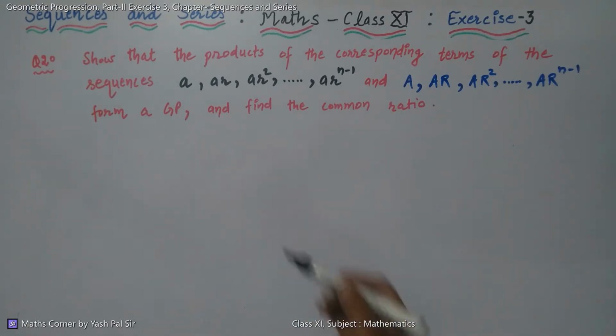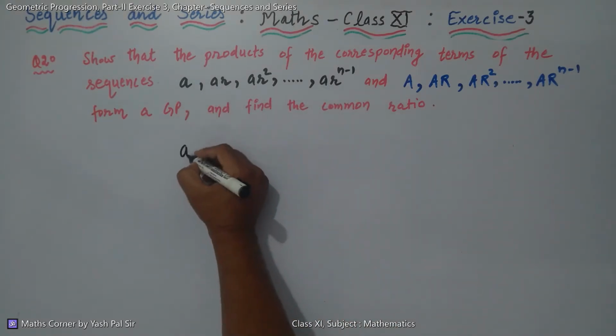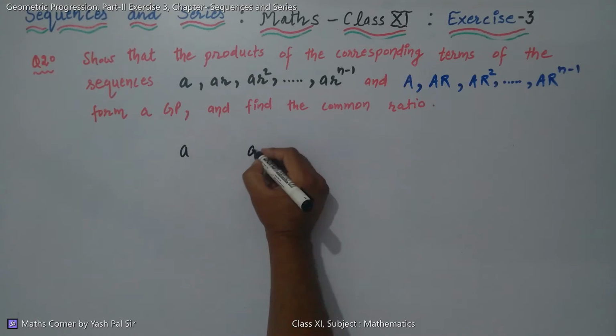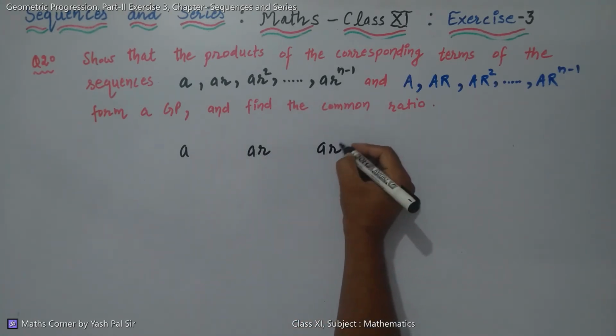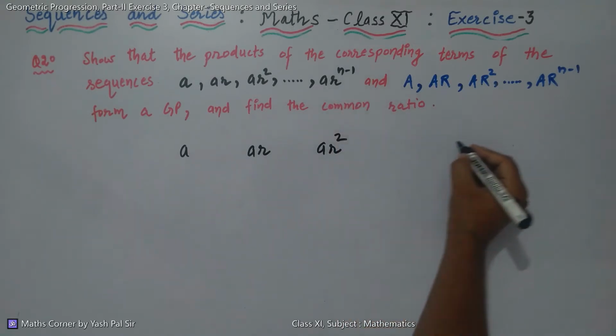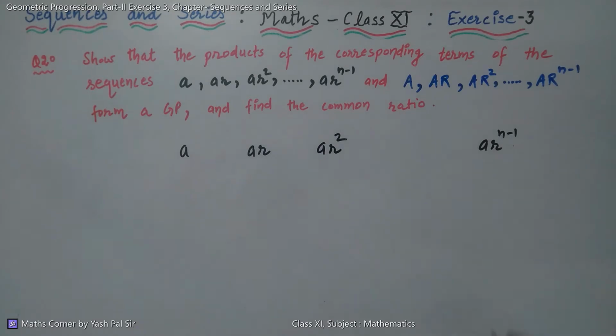So according to the statement, let us write the first sequence. This is a, second term is ar, third term is ar square, and nth term is ar raised to power n minus 1.